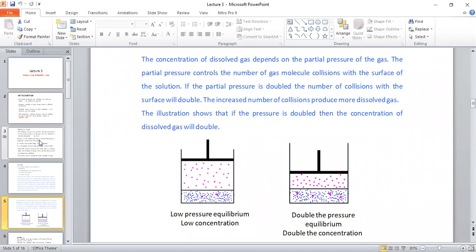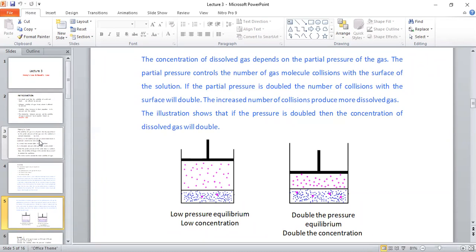We have an illustration here to show that if the pressure is doubled, then the concentration of the dissolved gas will also double. See the first figure on the left, which shows that low pressure equilibrium brings low concentration. You have the gas layer up and the liquid down.